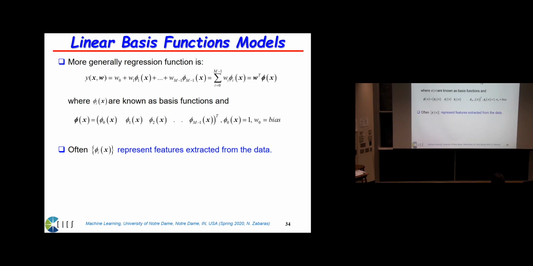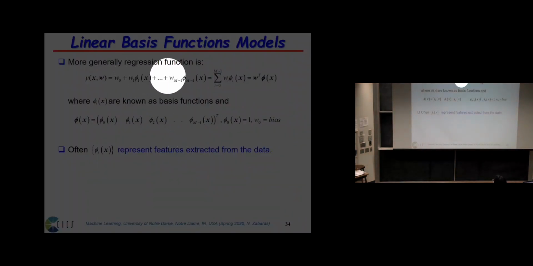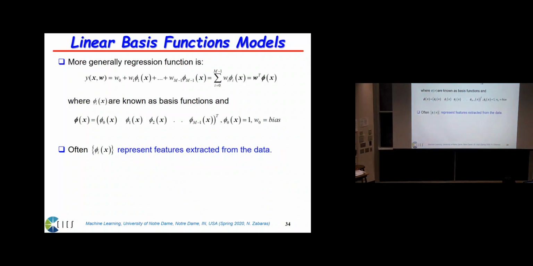Now, let me start slowly, since we talk about the regression function. Let me generalize things a little bit. Before, if you remember, x was a scalar, and I had w0 plus w1x plus wm times x to the power m, etc. Now x is a vector, so we're going to fit a function in many dimensions. x can be 3-dimensional, it can be 10-dimensional.